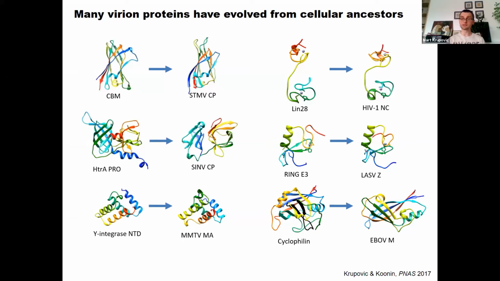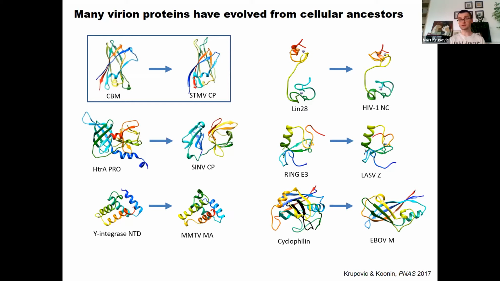Here you see several examples, and perhaps most notable of these is the relationship between the jelly roll capsid proteins, which are found in roughly one third of all virus families which we currently know about. This kind of capsid protein is widespread in bacterial, archaeal, and eukaryotic viruses.